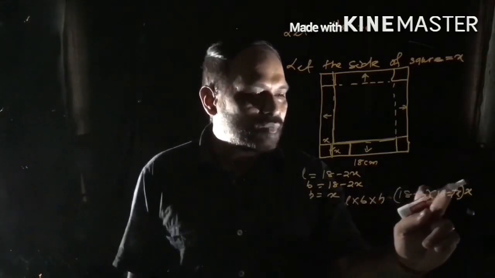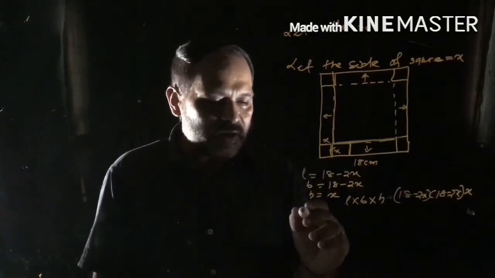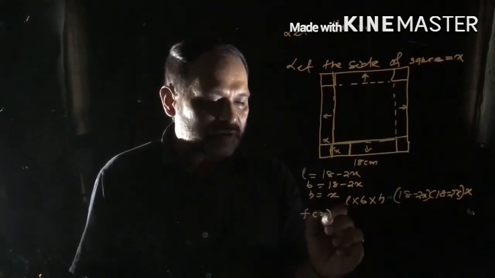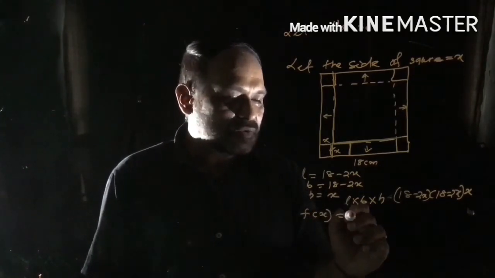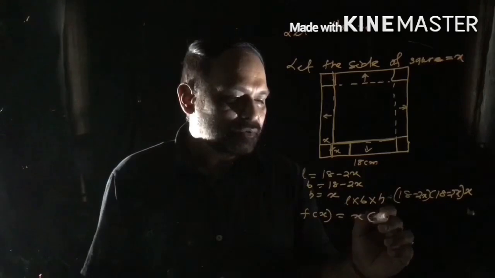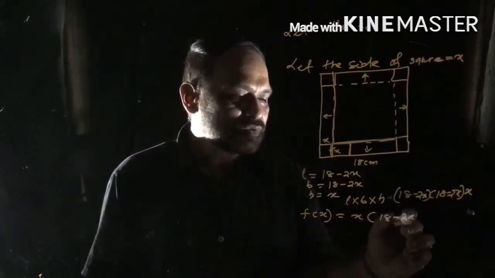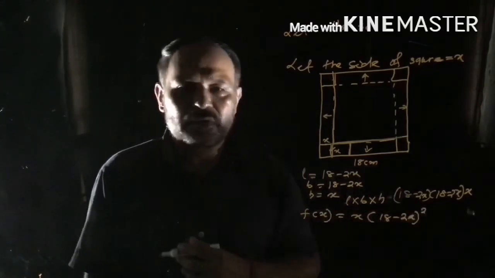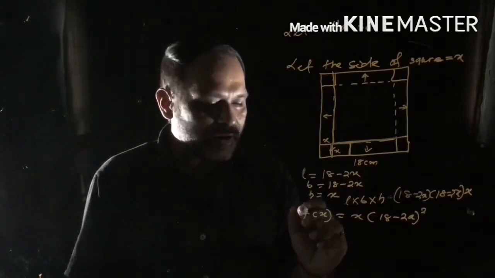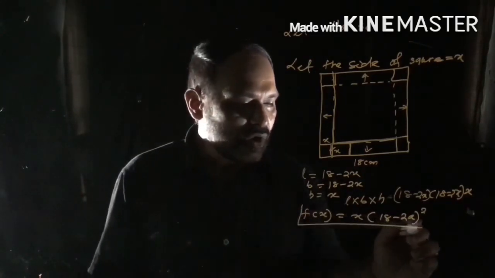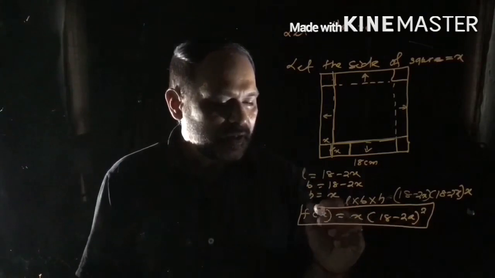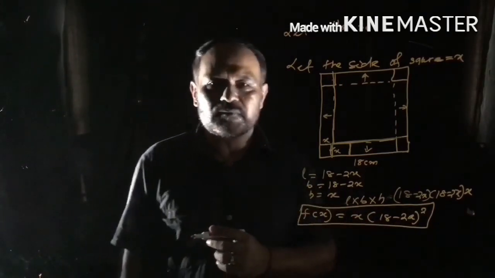There is only one variable, so we write this as f of x. Here f of x is equal to x into (18 minus 2x) whole square. Now we have to find out the value of x where f of x is maximum.